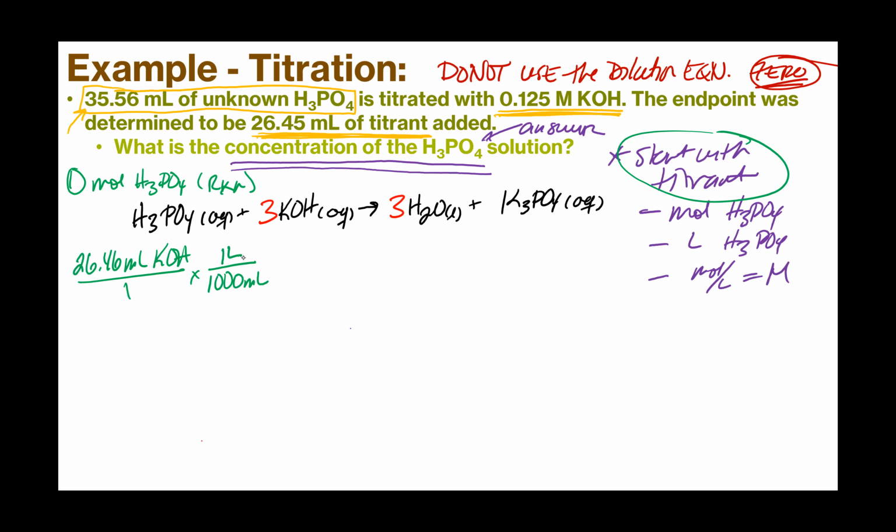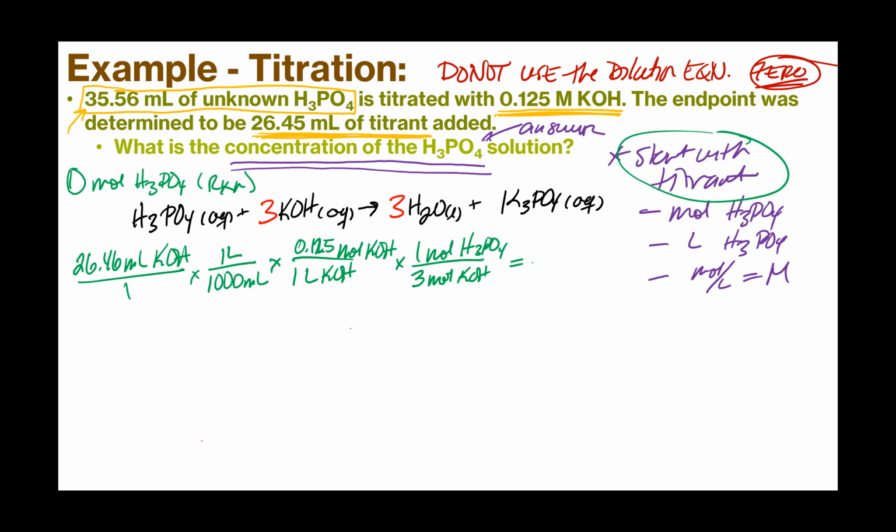Then we have to convert to liters. Once we have liters, we can use our concentration. So 1 liter of KOH is 0.125 moles of KOH. And then once you have moles of KOH, we can say there are 3 moles of KOH needed for every 1 mole of phosphoric acid.